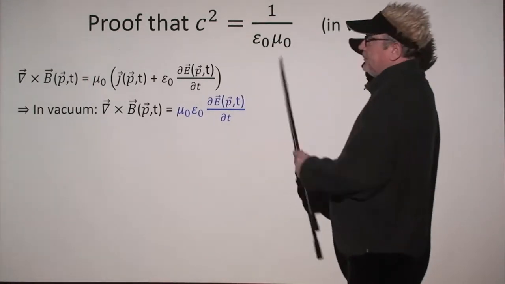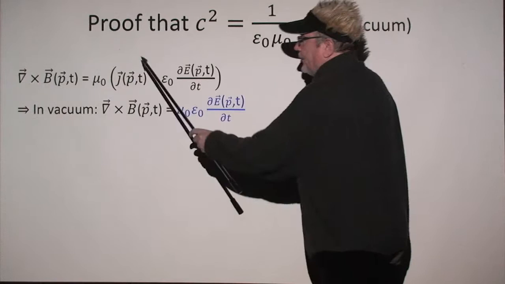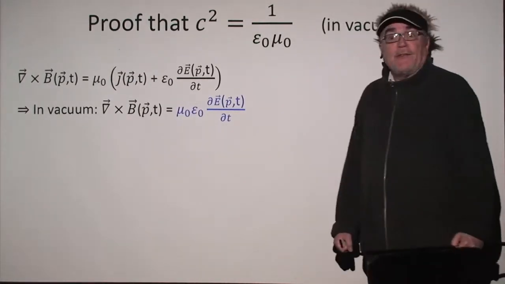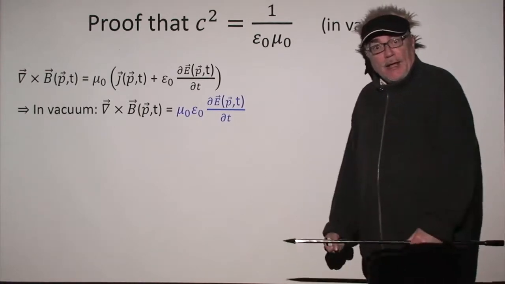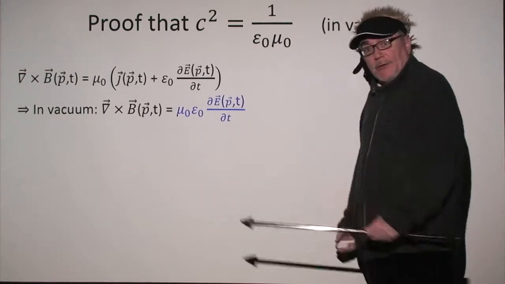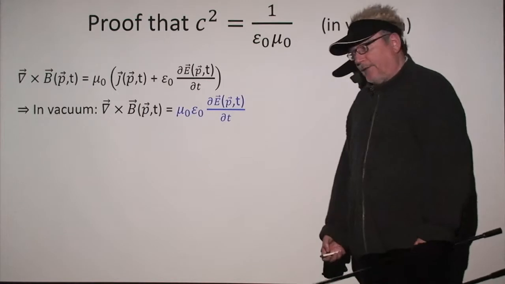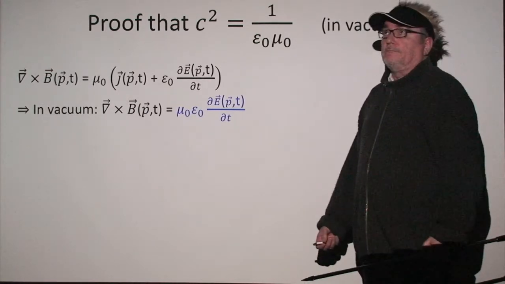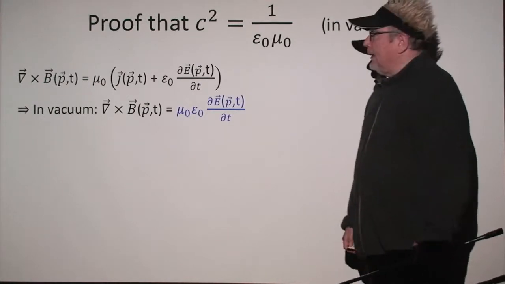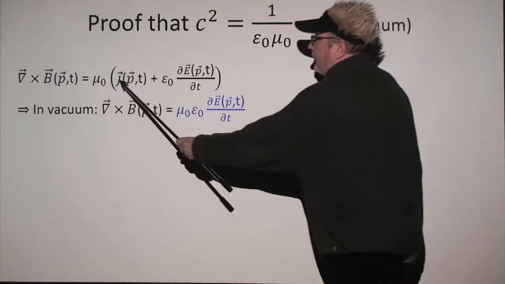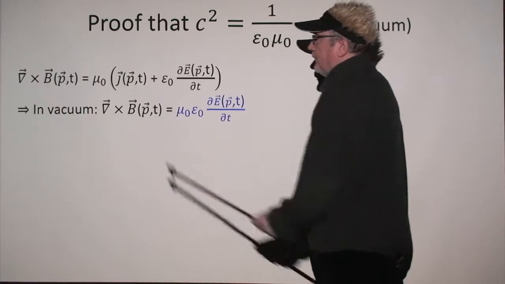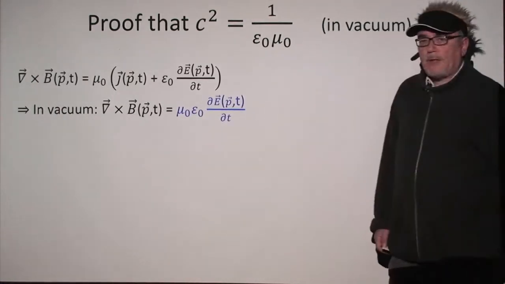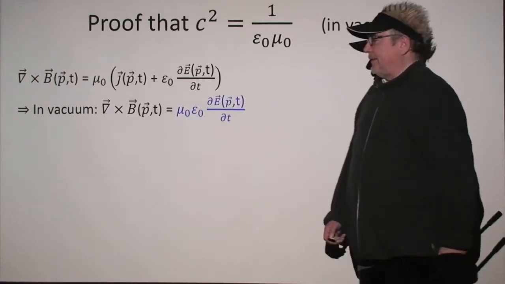Since we are in vacuum, there's no current density, because to get current density you need a current, for a current you need a conductor, and for a conductor you need something which is not vacuum, because in vacuum there's nothing, at least in the macroscopic world. So this value is 0, and this equation becomes that in vacuum. I put that in blue because we're going to use it later.